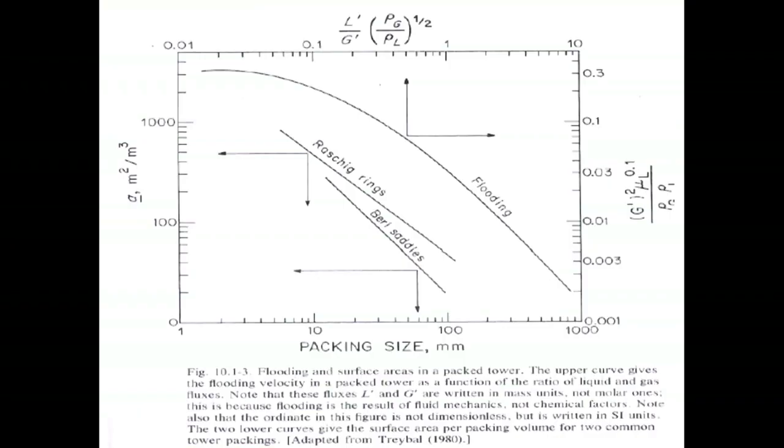On the ordinate to the right, you see G prime squared into mu L to the power 0.1 by rho G rho L, where G prime is again the mass flux for gas.